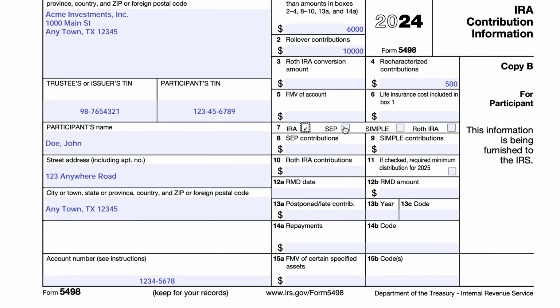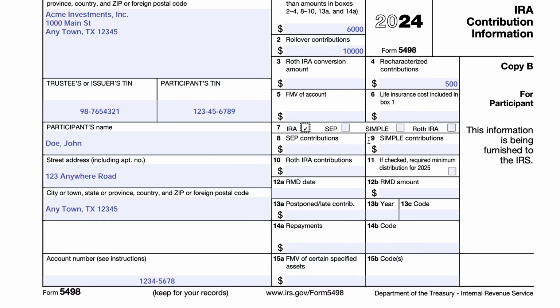SEP IRAs are pretty common for small business owners or like single person LLC, small companies. A simple IRA is a different type of IRA that not as many people participate in. But if you have a small workplace retirement plan, there are less complicated rules around that.